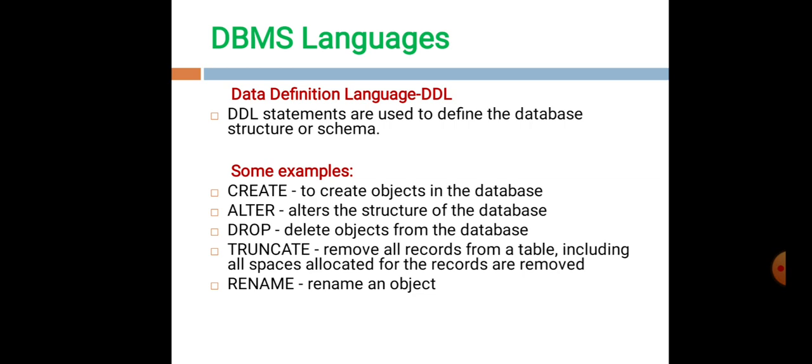The create statement is used to create objects in the database. Alter statement is useful to alter the structure of the database. Drop is useful to delete objects from the database. Truncate removes all the records from the table, including all spaces. And the last one, rename. It is useful to rename the object in the database.